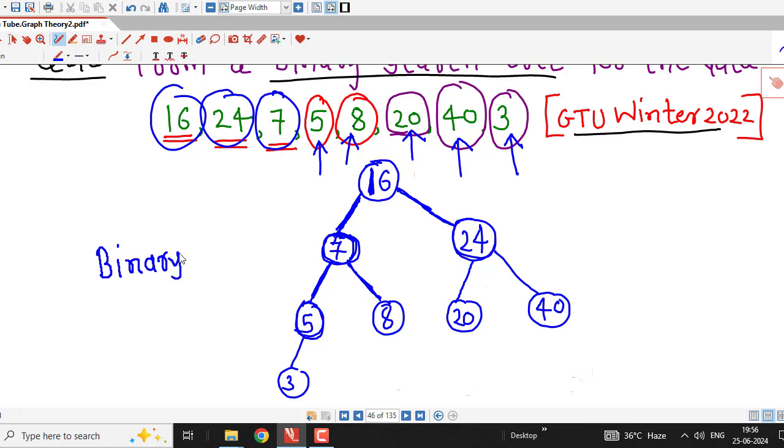So in this way you can easily construct a binary search tree from the given data.